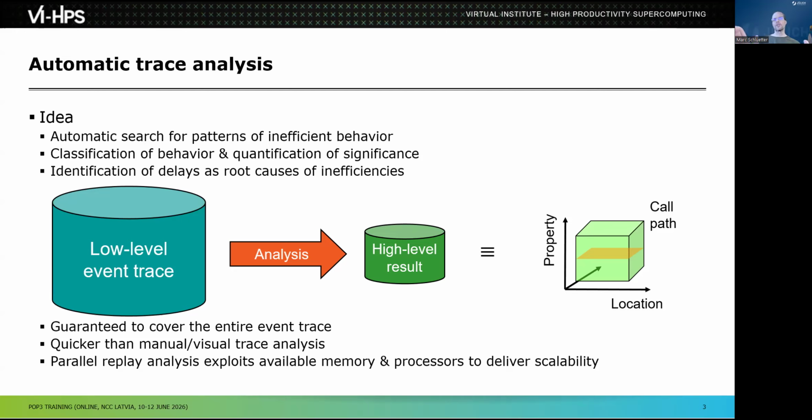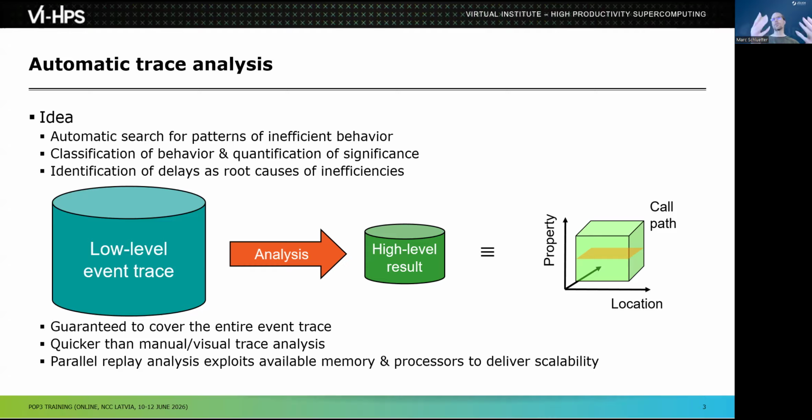It has the advantage to cover the entire trace always, and it's running on the same scale as your application program. So it has the benefit of using the parallel resources you're running your application with, and can, on large scale, be quicker than manual, visual trace analysis.